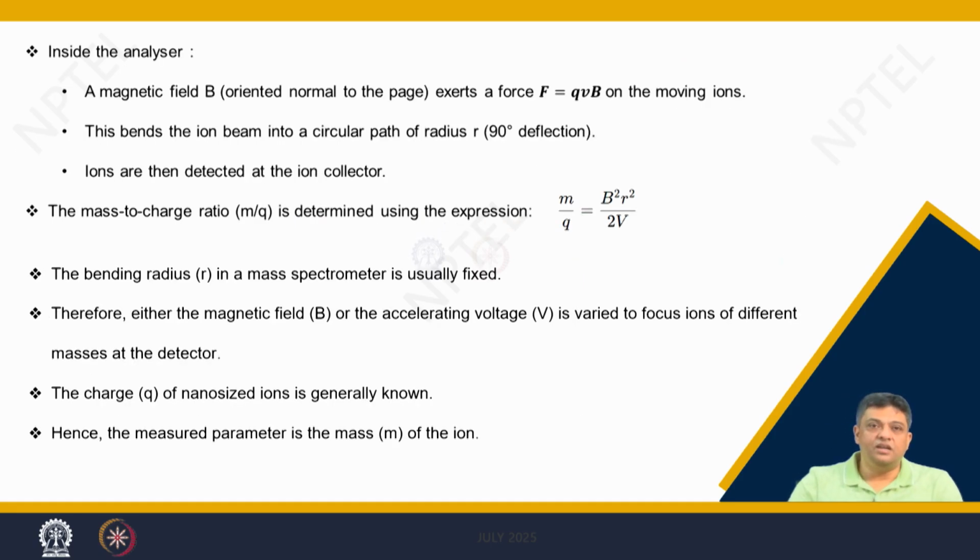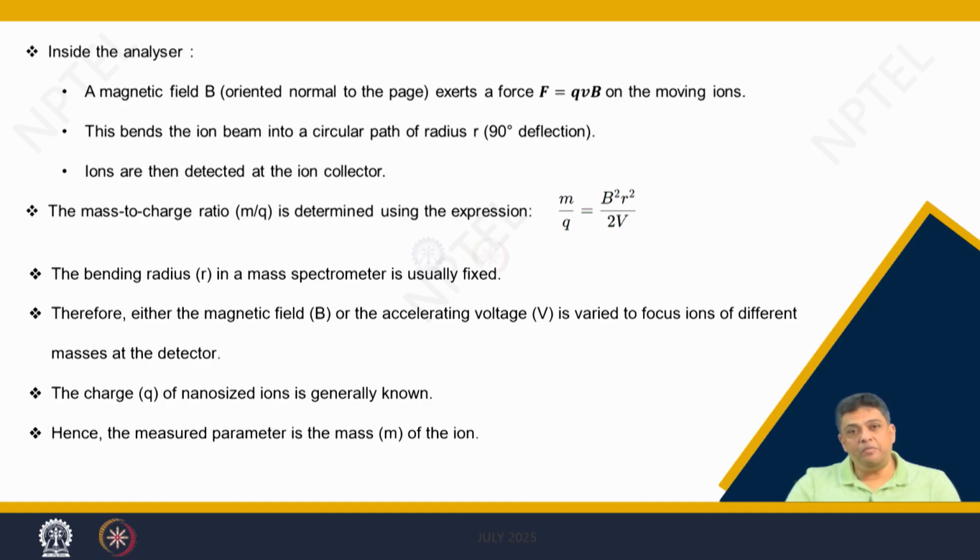Inside the analyzer, you use a magnetic field which will exert the force QvB on the moving ions. Why? Because we are considering magnetic field B, which is oriented normal to the page. So, you get F equal to QvB from the Lorentz force.